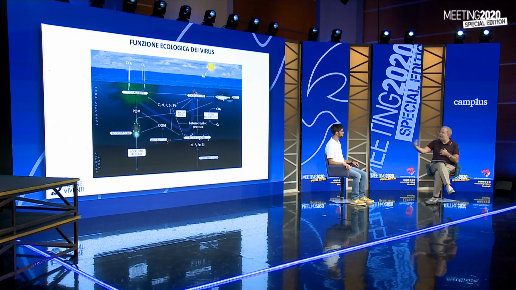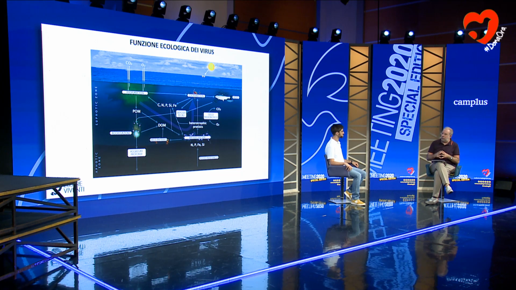Another important aspect is that viruses play an important role in the evolution of bacteria because they enable a process which is called horizontal gene transfer, with which a bacteria can transfer their genome not only to their progeny but also to other parallel bacteria.